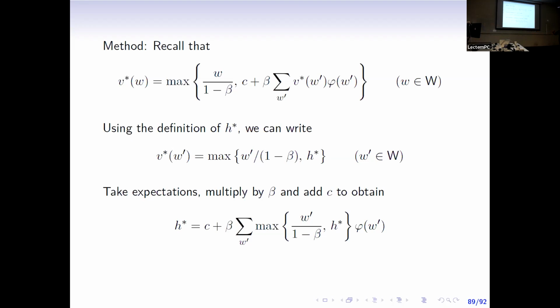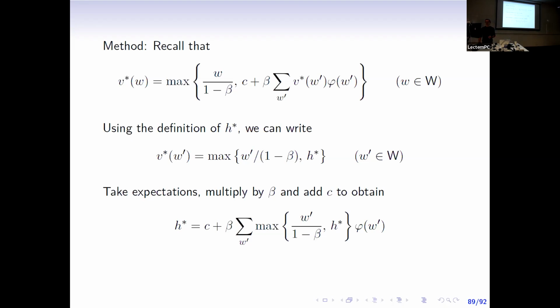Now the value of this is that w star is a vector. It's a vector in, I don't know, R100 if there are 100 possible wage values. But h star is just a number, it's just a scalar. Solving for h star is much easier than solving for w star. In particular, this is a nonlinear equation, right?